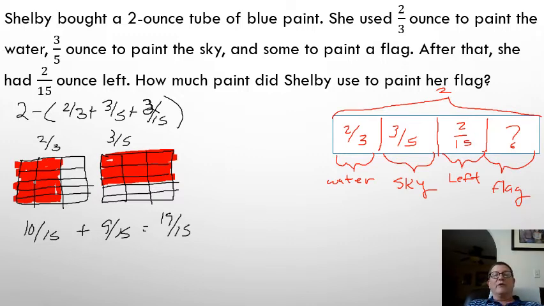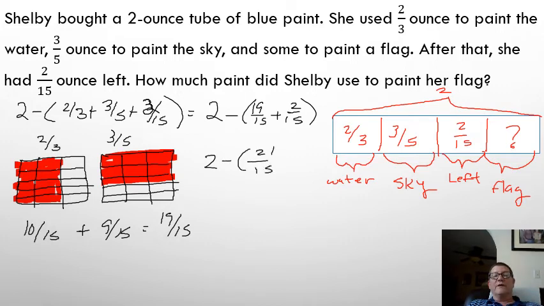Well, now what this looks like, that's 2 minus 19/15, plus 2/15. Now we have common denominators, so we can add them together. We got 2 minus 19 plus 2 is 21/15.